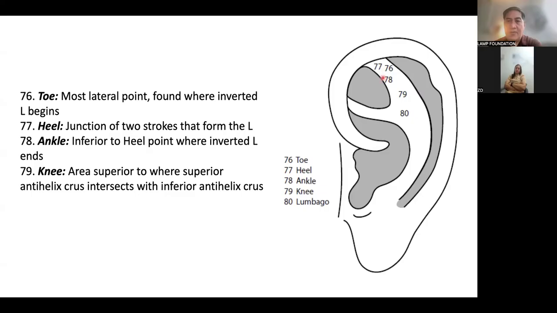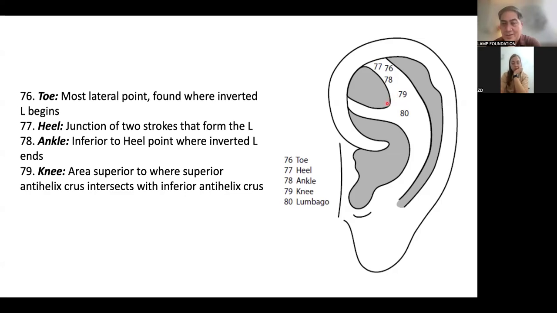Now, another very, very common point, you should all memorize this, is the knee. You know why? If you have a kidney issue, mayroon kang knee pain and low back pain. Okay? So, I would like to call this GB30. Ay nako, Doc, no? You try this for hip pain.